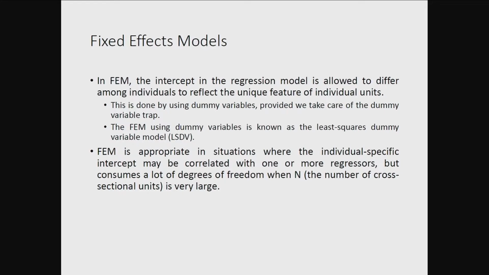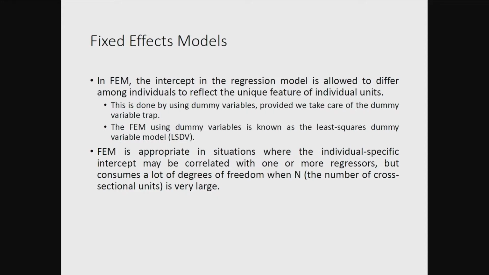Because as if I'm going to run a least square estimation, but it's not the ordinary one because I'm just introducing a dummy variable for each individual. And this is why we call it the fixed effects model using dummy variables, known as the least square dummy variables model.